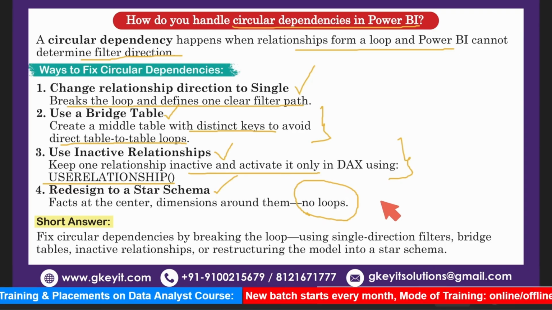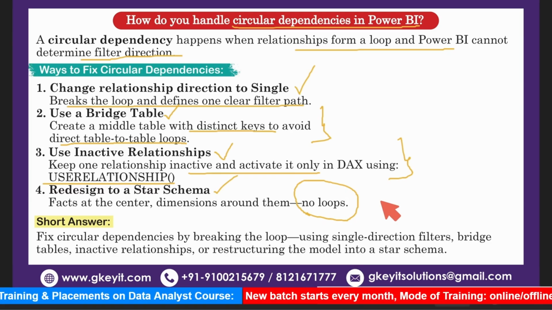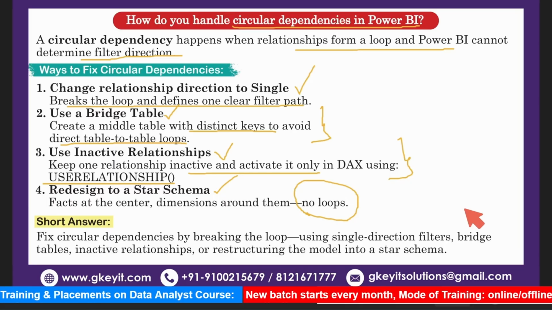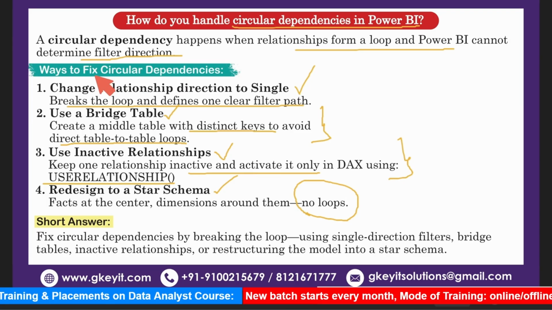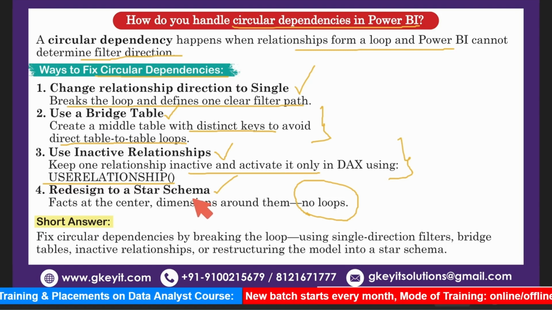In schemas like the snowflake schema, one dimension table is connected to another one, and then that table is connected to the central fact table. That kind of design is called a snowflake design. But to fix a circular dependency, we have to redesign the model with a star schema, where the relationships go directly from dimension tables to the fact table.